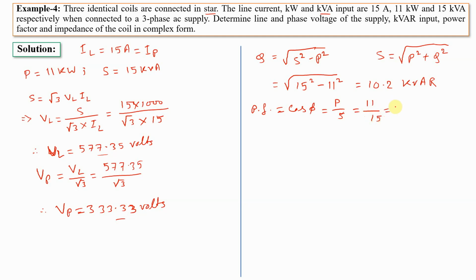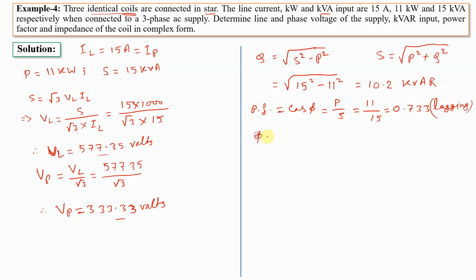So finally the power factor will be 0.733 lagging. It is lagging because in the question it is given that three identical coils, and coil is always the RL type circuit, and for resistive inductive circuit current always lags the voltage, therefore the power factor will also be lagging.